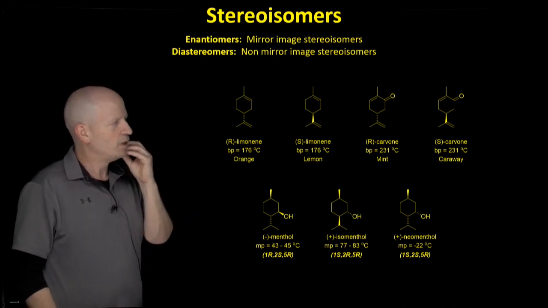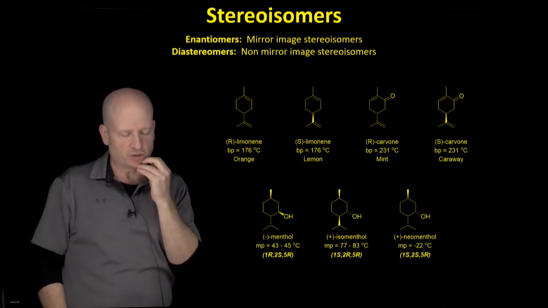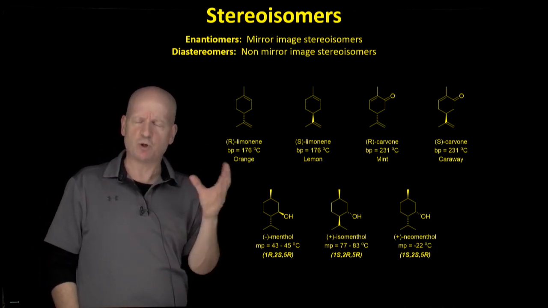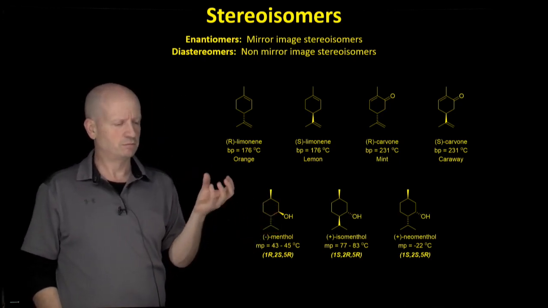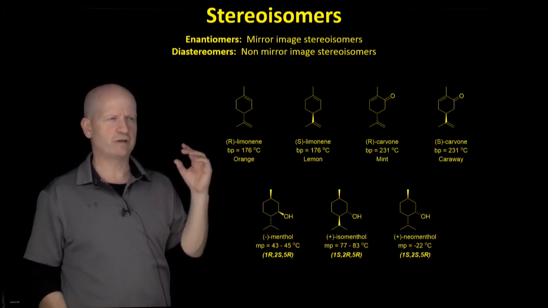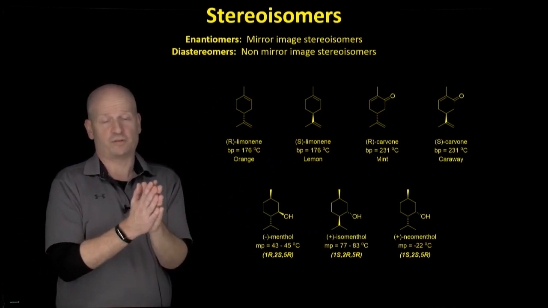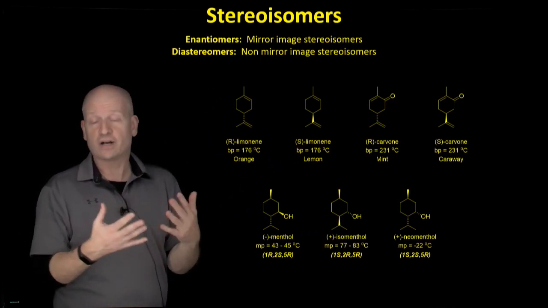Well, if you have a pair of enantiomers, the mirror image isomers, they behave identically in most situations. If you look at the physical properties of them, things like melting point, boiling point, index of refraction, whatever you want to look at. If you look at spectroscopy, their IR spectrum, their NMR spectrum, they are identical.